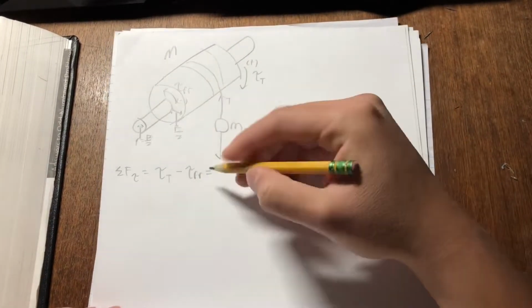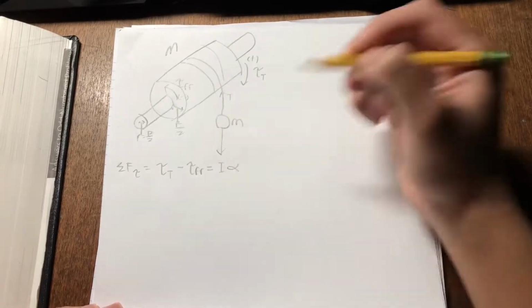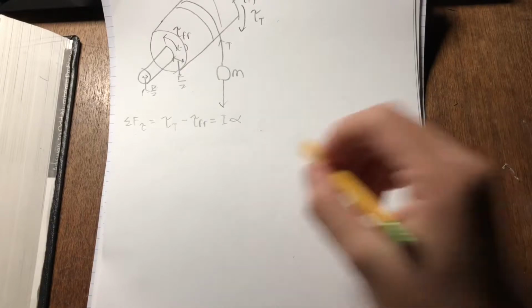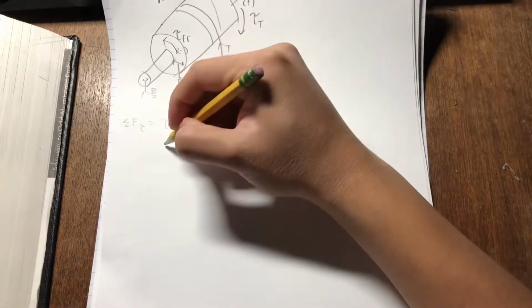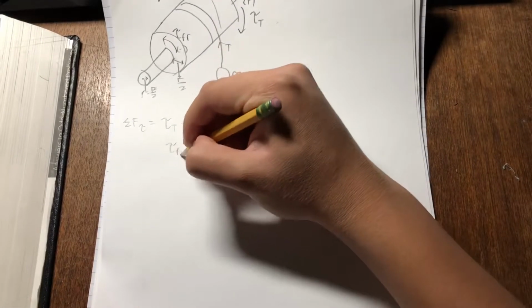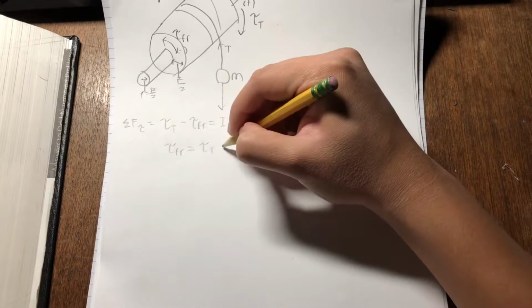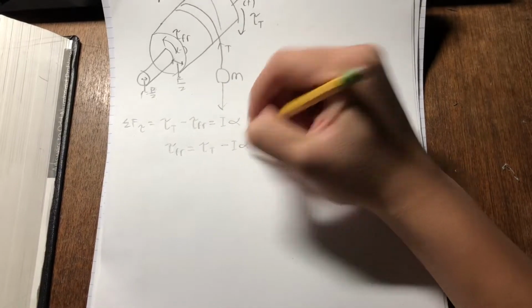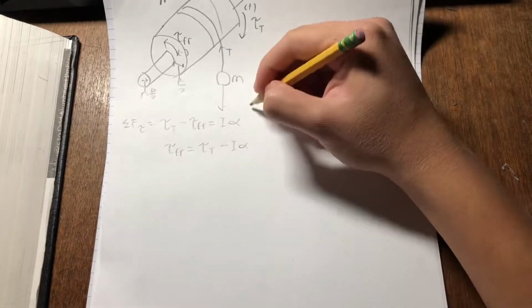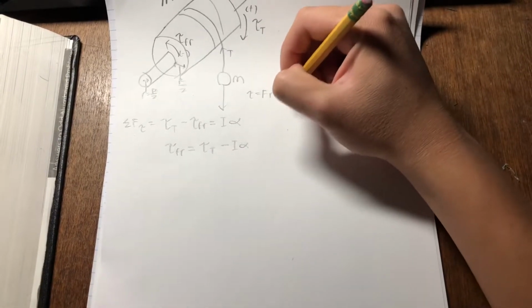And the equivalent of ma would be moment of inertia for mass and alpha for acceleration. All right, once you're here, just isolate your torque due to friction. You get torque of friction equals torque due to tension minus moment of inertia times alpha.